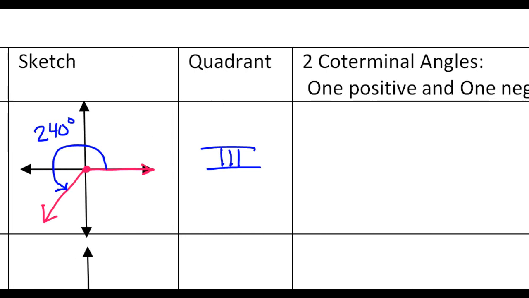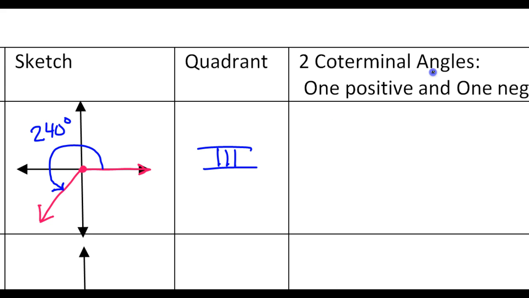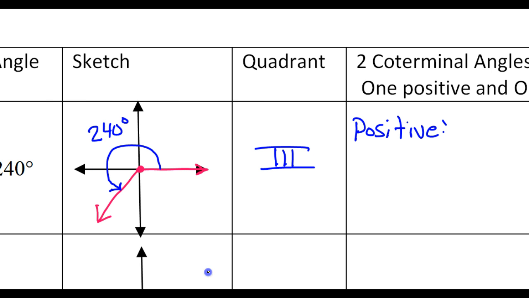Like I said, this is the third quadrant. Now, let's talk about coterminal angles. Let's get one positive and one negative coterminal angle. So let's see, positive. If I want a positive coterminal angle, I could just add 360 because if I went an additional 360 degrees from here, that's going to put me back to where I started from, thus coterminal.